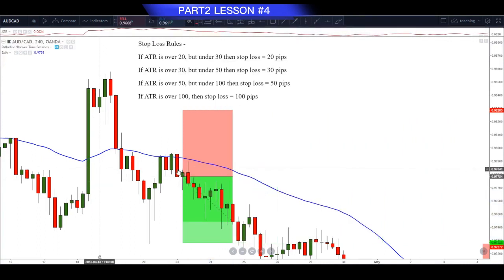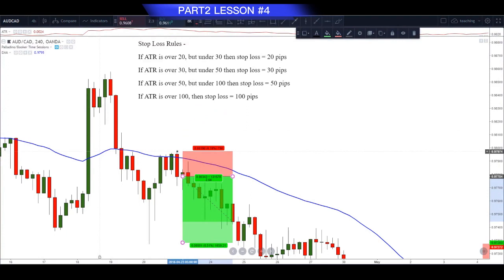Then we just hover over this candle. Looking up to the left, you can see that that has a 24 pip ATR as well, which means if we're between 20 and 30, we need a 20 pip stop loss. So we'll head down to the swing high, which is the swing high engulfing candle. So that means that swing high would be what we need to place stops above.